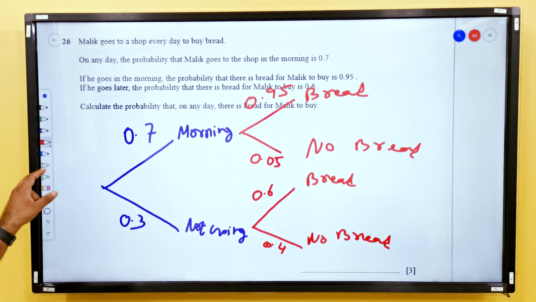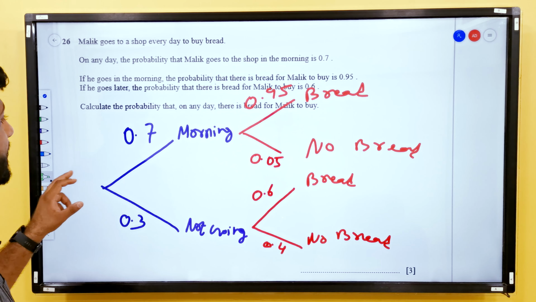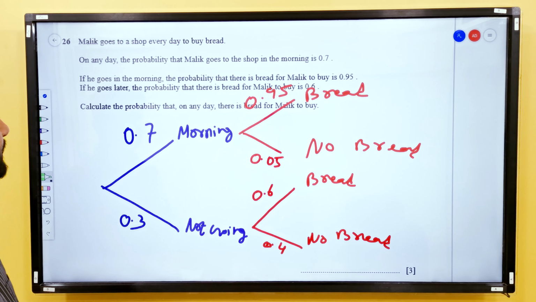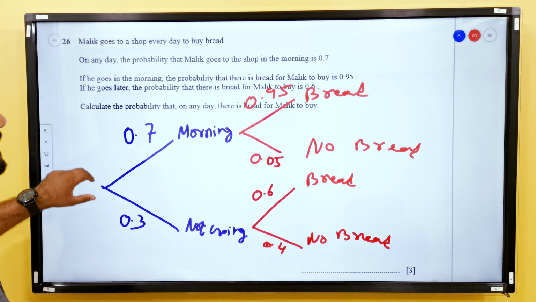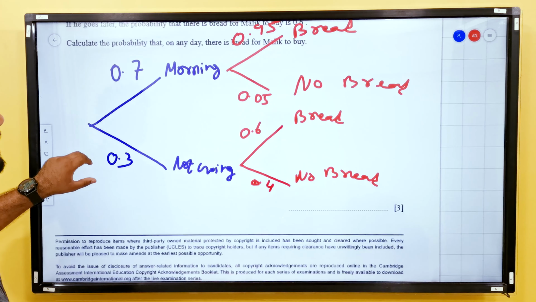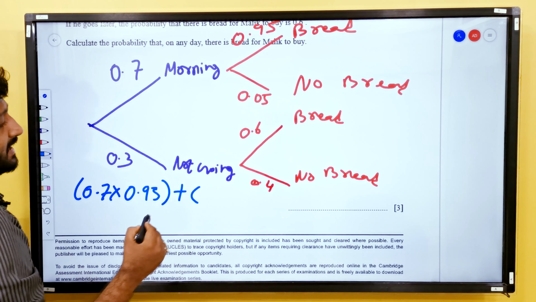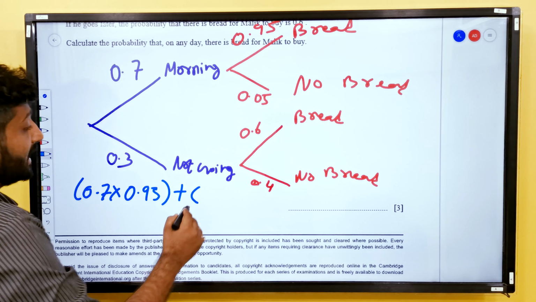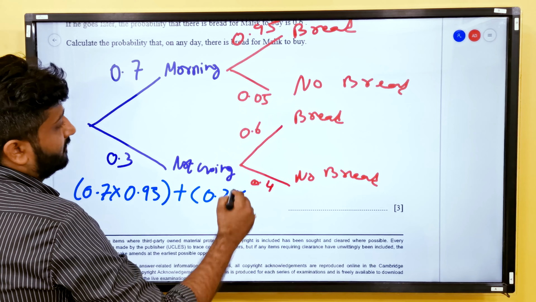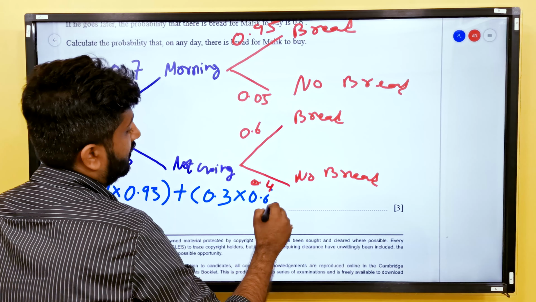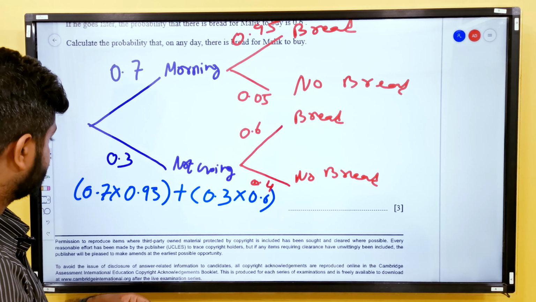Calculate the probability that on any day there is bread for Malik. So when can he get bread? When he goes in the morning and bread is available, plus he goes later and bread is available, which is 0.6.